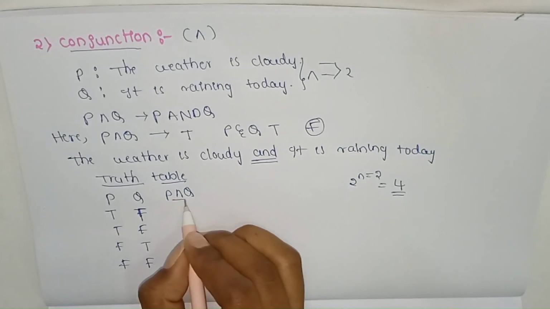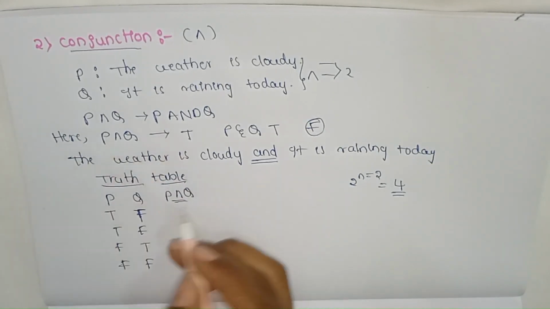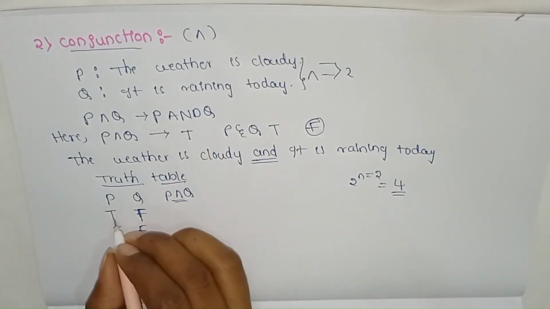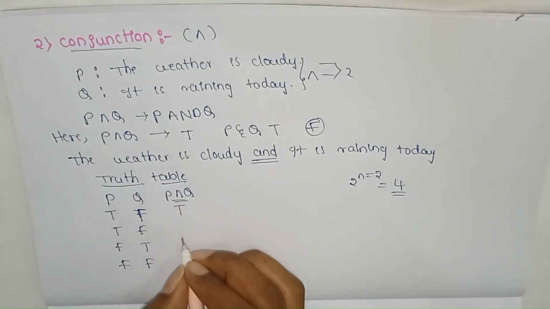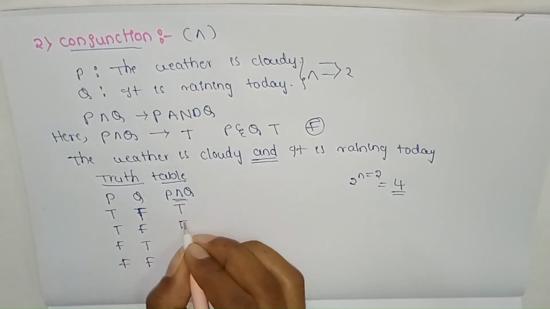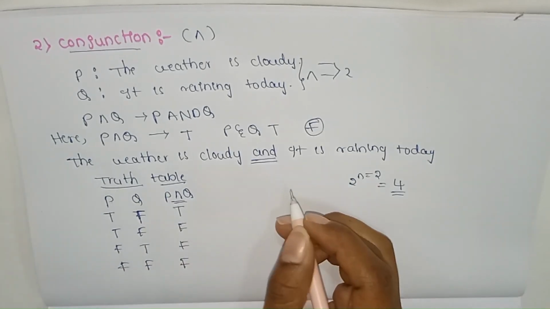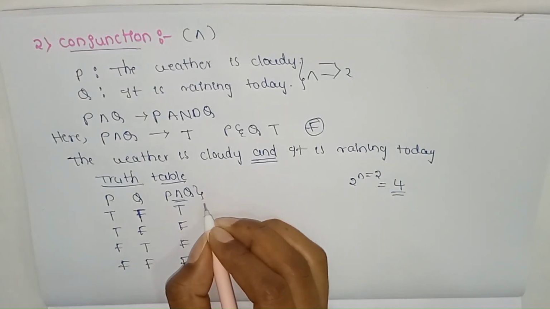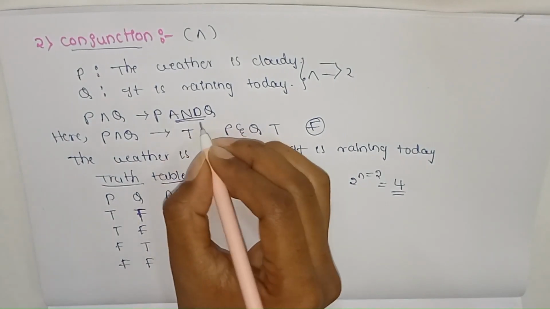When both the statements are true, then only it will be true. So P is true, Q is true, then P and Q is true. False otherwise. Here P and Q is the new proposition obtained by applying the AND operation.